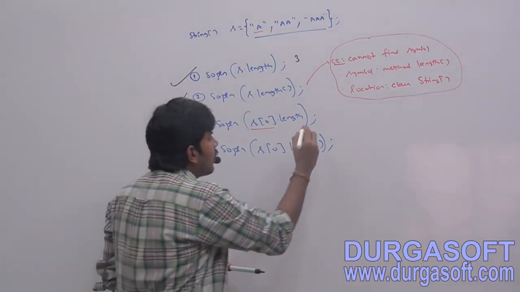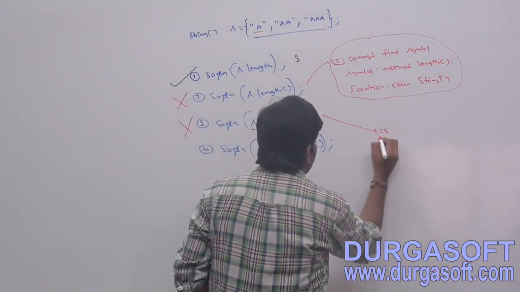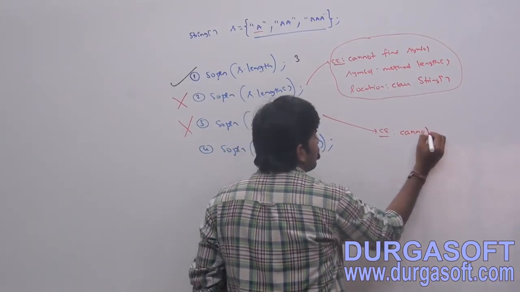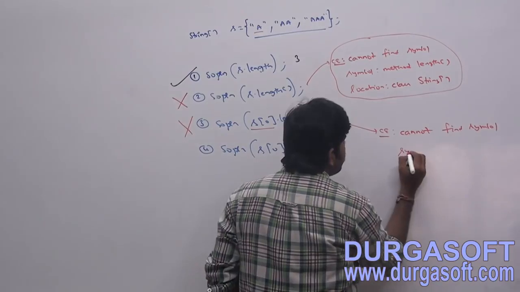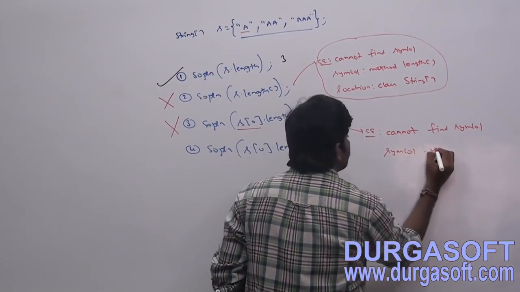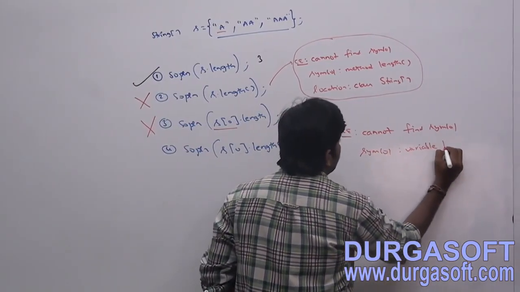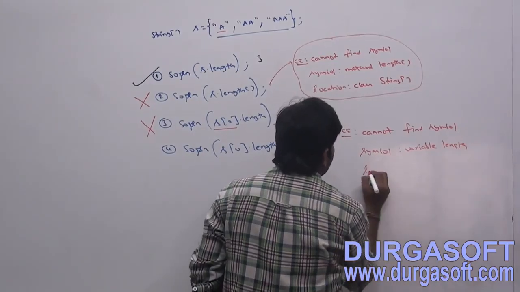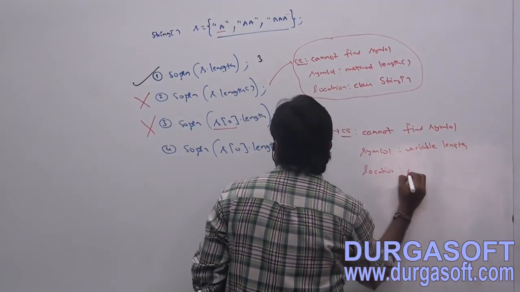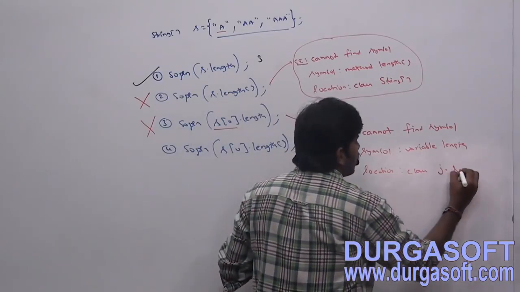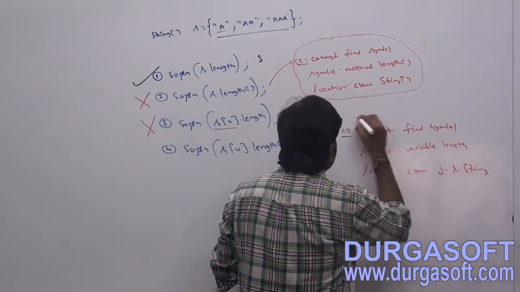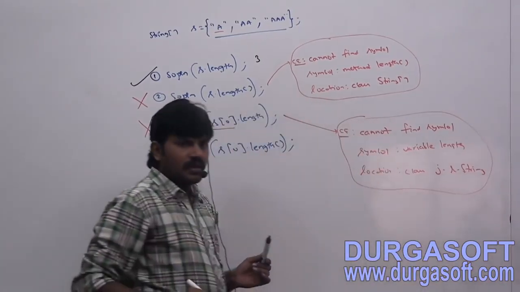Not applicable. Compile time error saying cannot find symbol. Which symbol? Variable length. In which location? Class java.lang.String, right? Are you getting it?